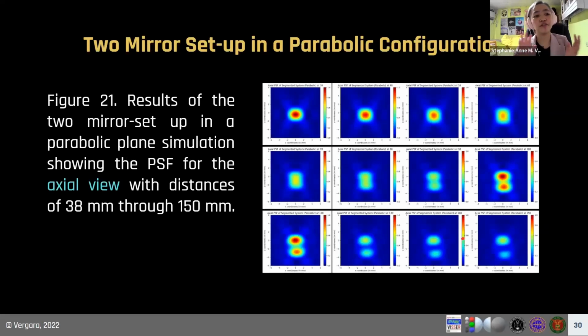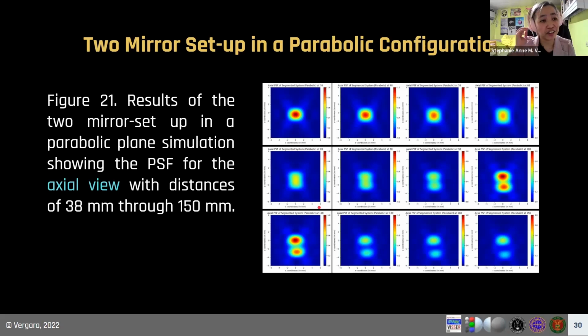So for the circular and the parabolic configurations, they were simulated with distances from 38 millimeters through 150 millimeters. Shown in this figure, however, are the plots at distances 38 millimeters, found here in the upper left corner, through 150 millimeters, found here at the bottom corner, in increments of 10, because I can't show them all here.